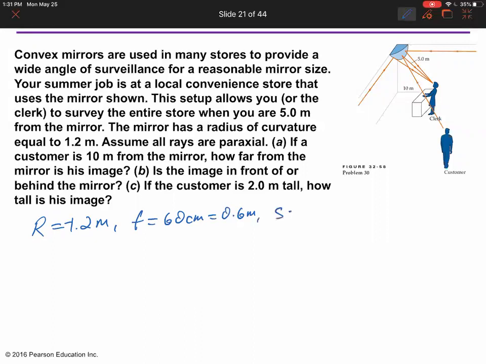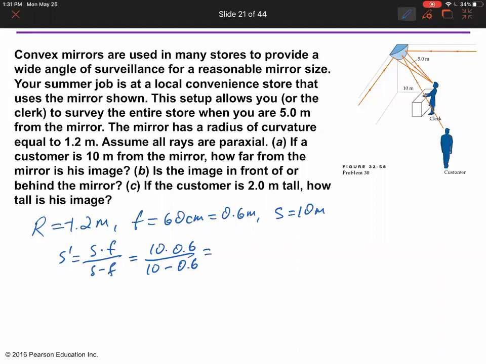Then I'm given the position of the object as 10 meters, so I can use this to find the image. The image will be, again, using this s times f over s minus f equation, where I get 10 times 0.6 over 10 minus 0.6.